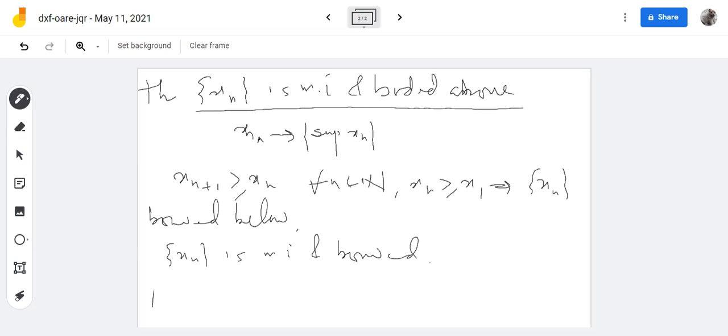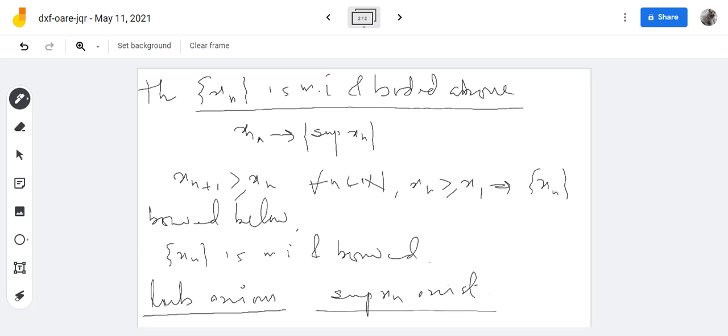Okay, now again we know the least upper bound axiom. What is this LUB axiom? We have done in the previous chapter that if any sequence is bounded above, then the supremum of xn exists in R. The LUB property says that if xn is monotone and bounded above, then the supremum of xn exists.